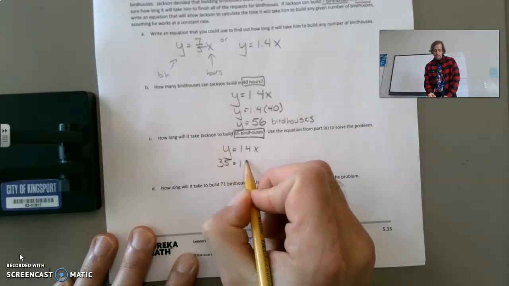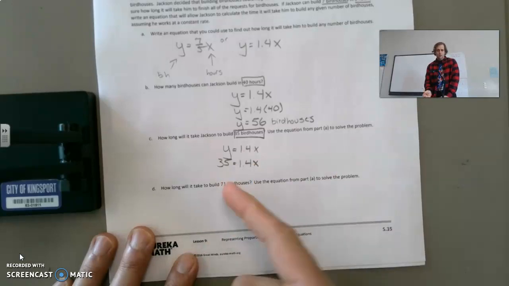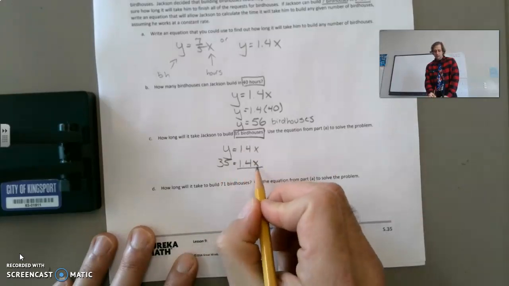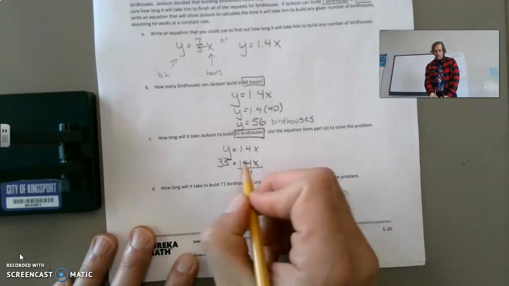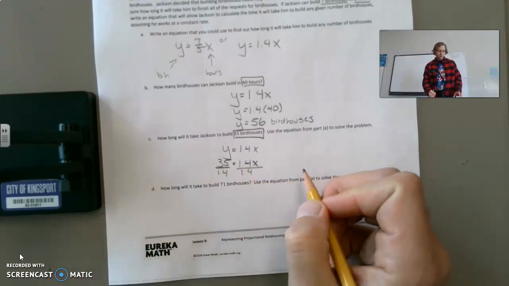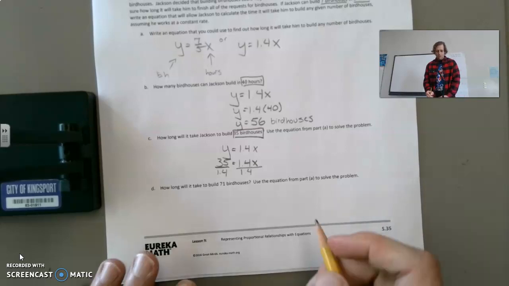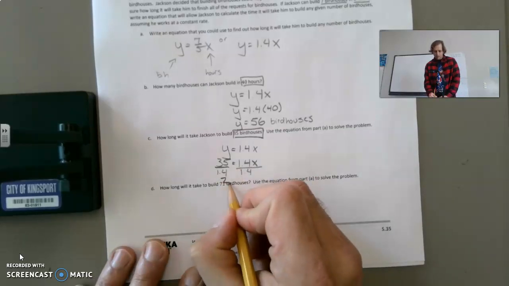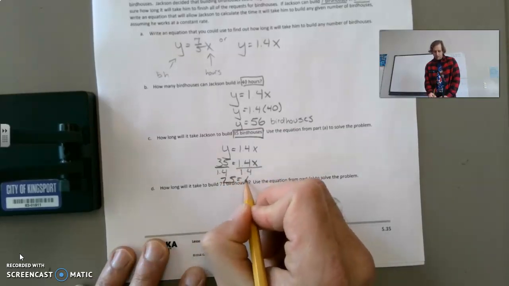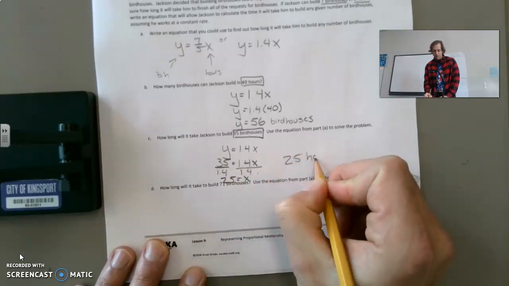So that's equal to 1.4x. Now, how would I solve for x? I'm going to divide by the coefficient here. 35 divided by 1.4 is 25. And that would be equal to x, my number of hours. So 25 hours.